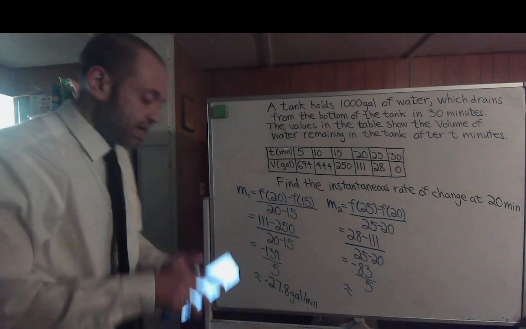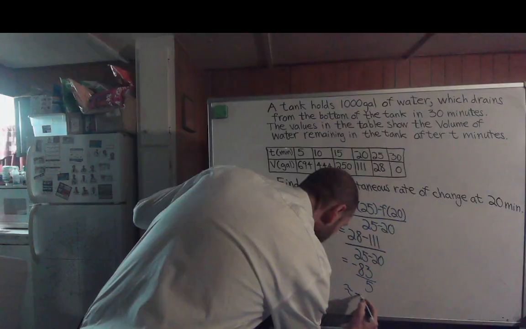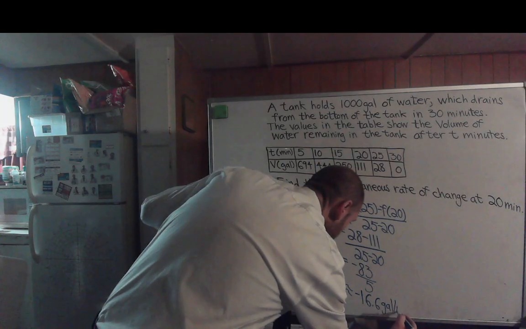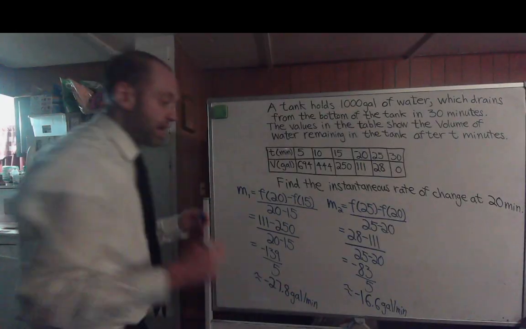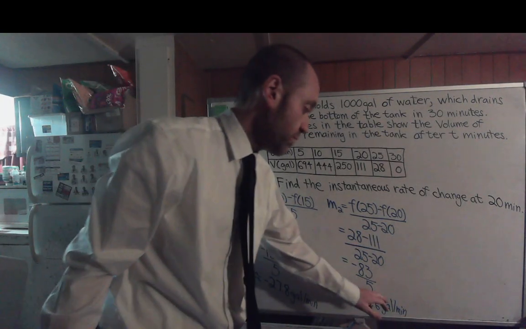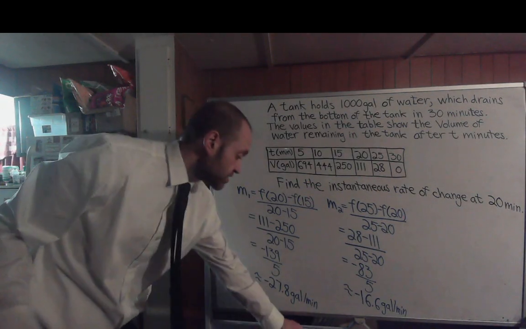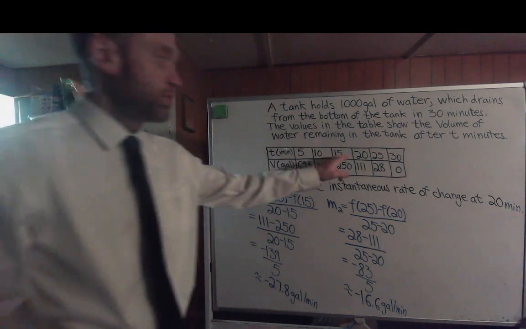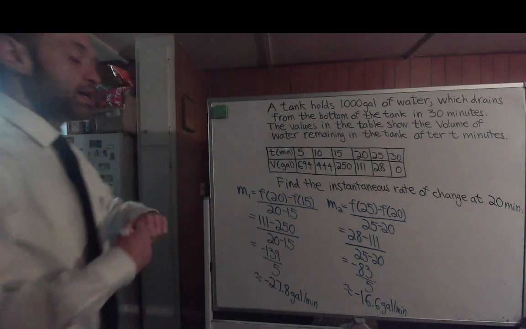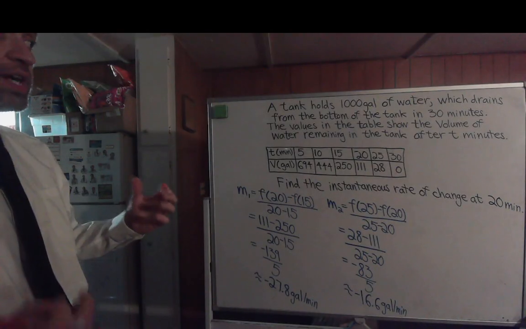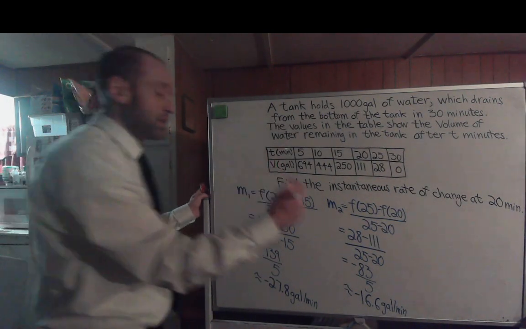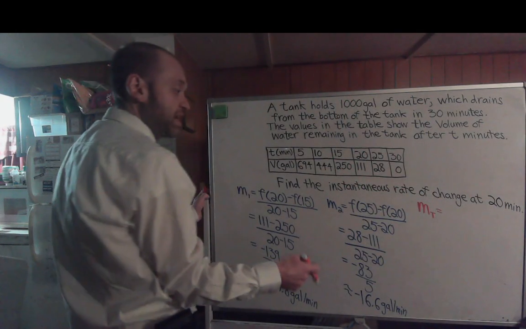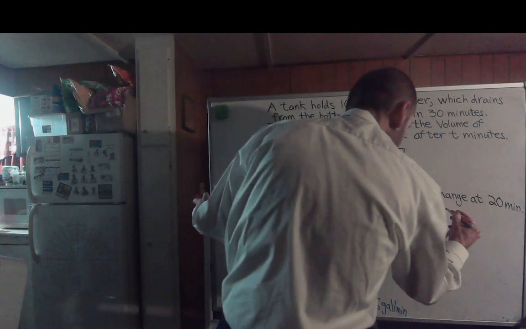Negative 83 divided by 5, you get approximately negative 16.6 gallons per minute from 20 to 25 minutes. Your average rate of change is about negative 16.6 gallons per minute. So now we have the slope of two secant lines based off of times equally distant apart from time 20. Now if we want to find the instantaneous rate of change at time 20 minutes, that's going to be the slope of the tangent line at time equals 20, which is the average of these two secant lines.